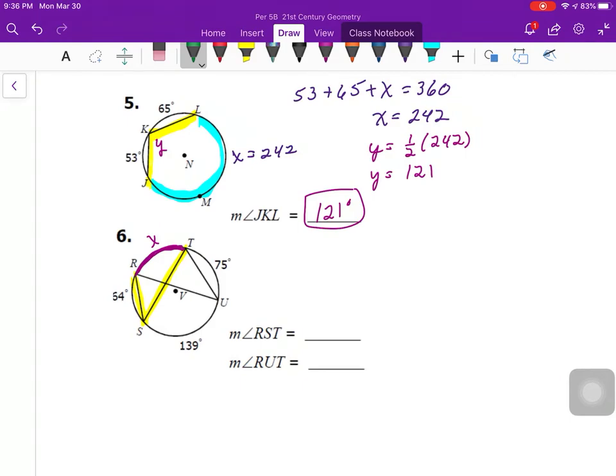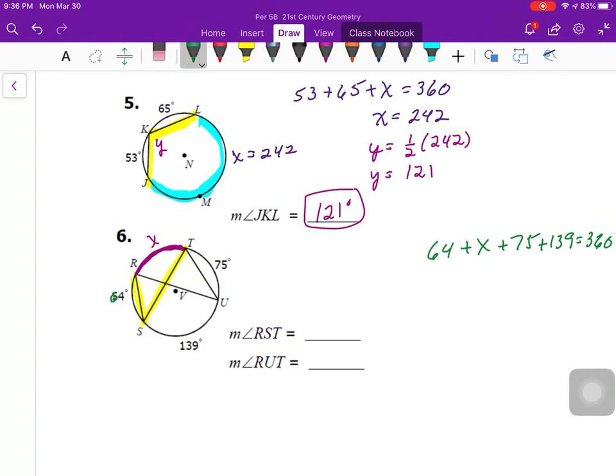I think we can find that one first because once again we have a full circle. So if I take the 54, that's a 64 right there. If I take the 64 plus the x plus the 75 plus the 139, that will equal 360.